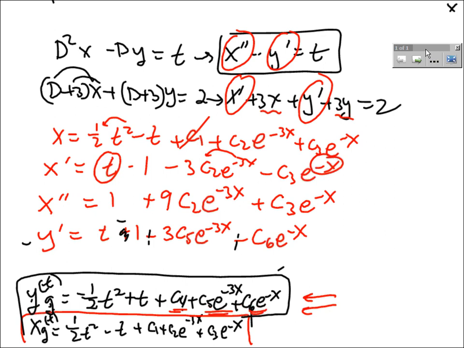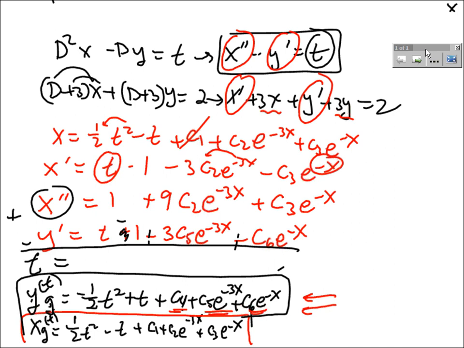Okay. Now I add. When you add x double prime and negative y prime, that's the same as x double prime minus y prime. And we were told that that's t. When we add the right side, we get t.